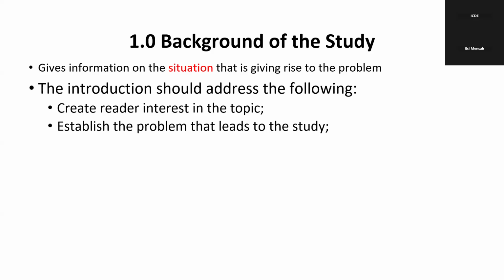So for example, if you say that there's a problem within human resource in Ghana for small businesses, and that problem is very big, well, how will you prove that the problem is very big?